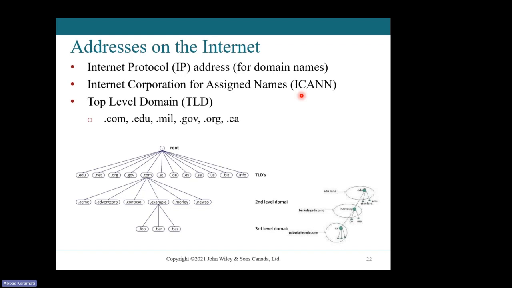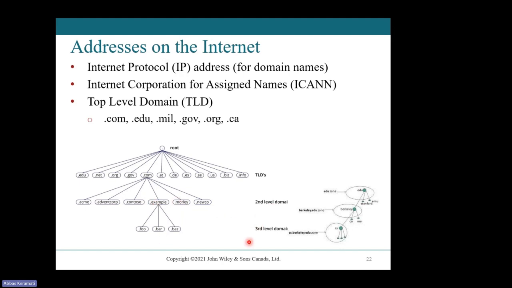We have different levels for the domain name. It starts from the top level, the internet root, and then .com, .edu, .mil, .gov, .org, .ca are top level domains. Second level domains are like example, and so on.